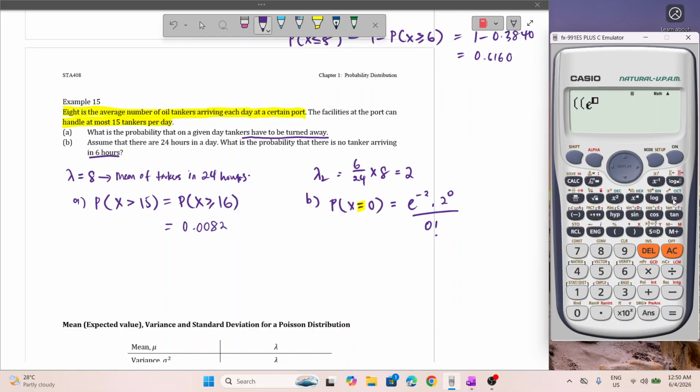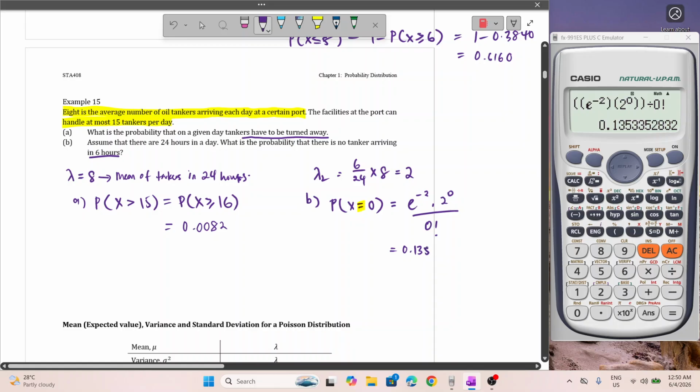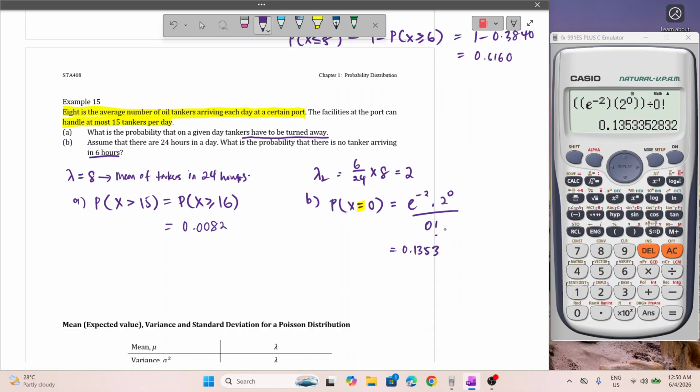Shift ln to the power of negative 2, close the bracket, open it again, 2 to the power of 0, close the bracket, over 0 factorial. Equal to 0.1353. That is the answer for example 15.